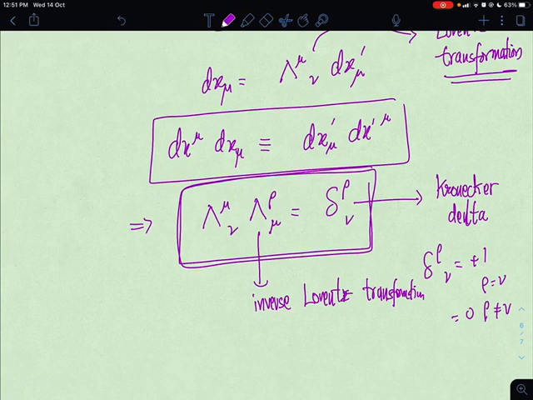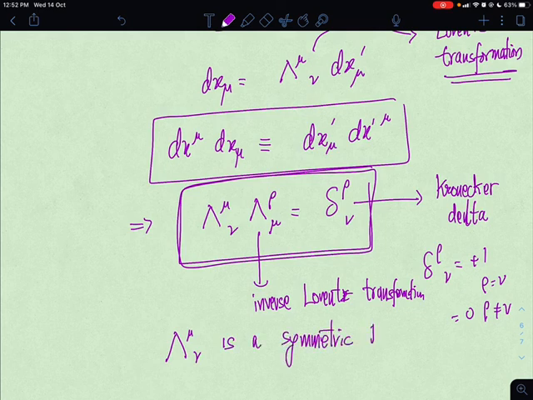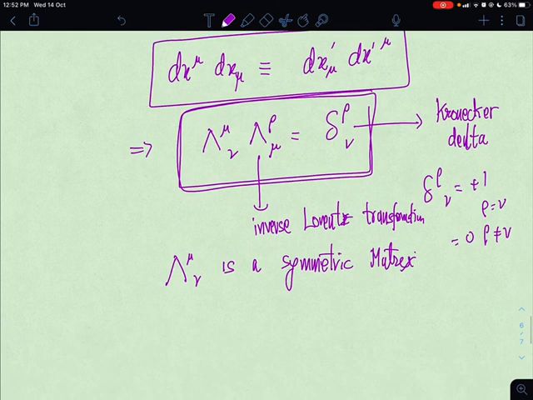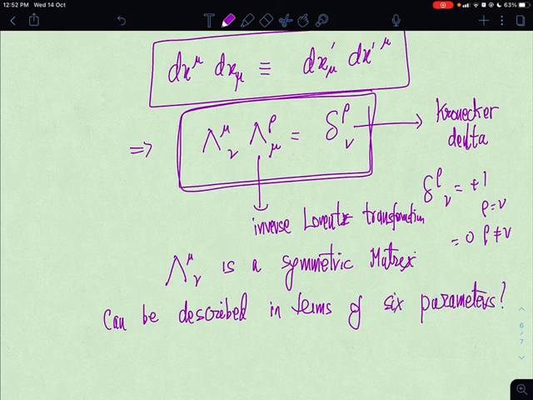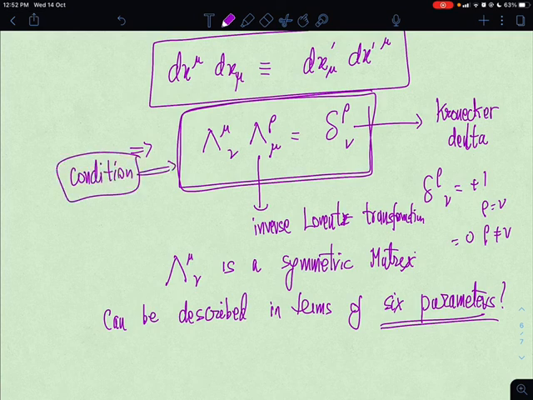Now this lambda, if you count the number of parameters, it turns out it can be described in terms of 6 parameters, because it's a real matrix with one more condition of this particular type.